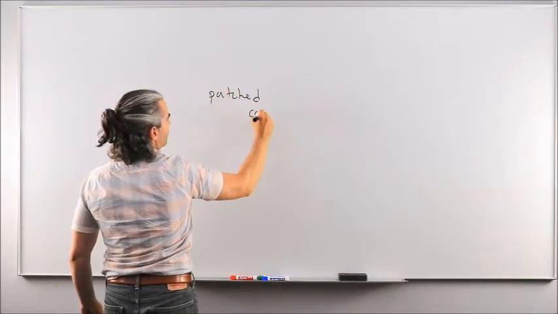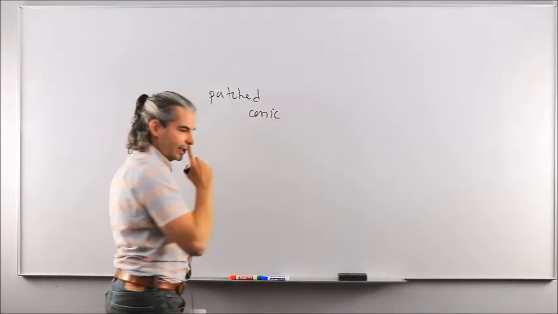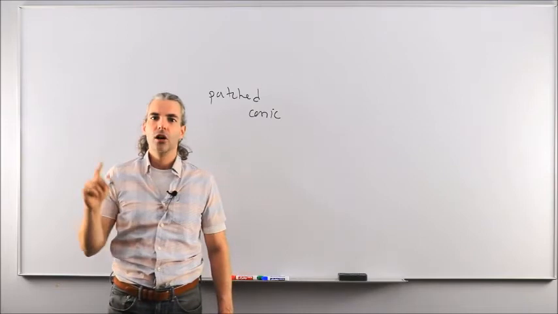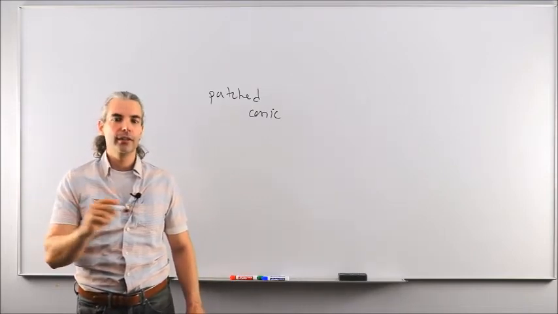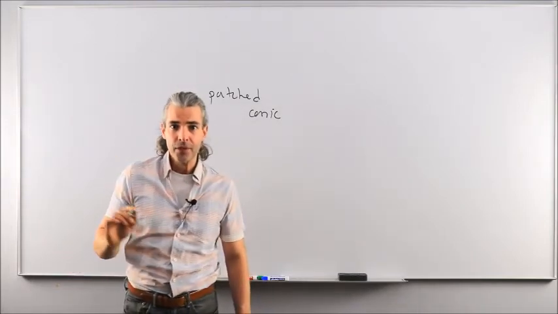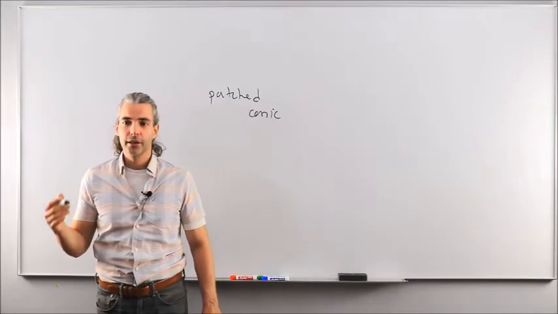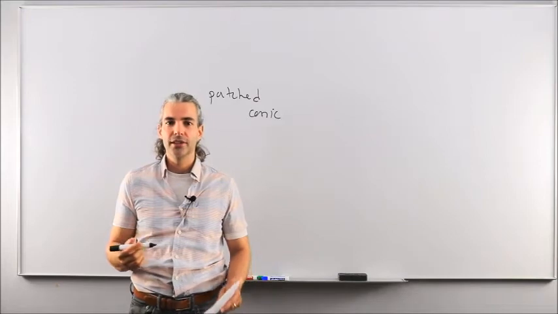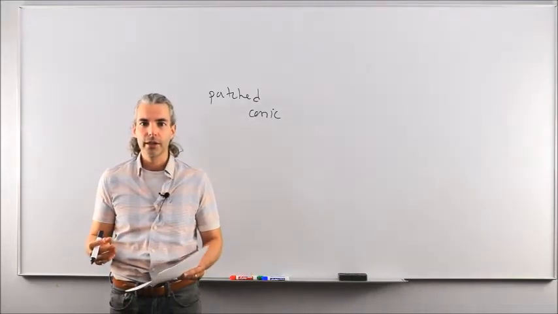So the patched conic method assumes that the spacecraft is only under the gravitational influence of one primary body throughout the interplanetary flight. Starting, say, if you're talking about an Earth-Mars flight, then we're going to first assume that the spacecraft is under the influence of the Earth only.